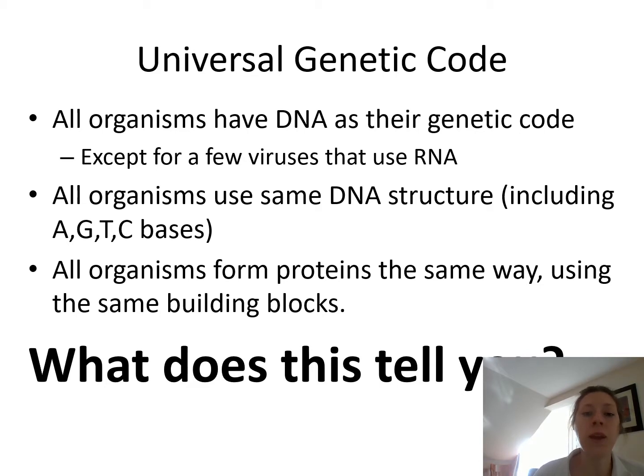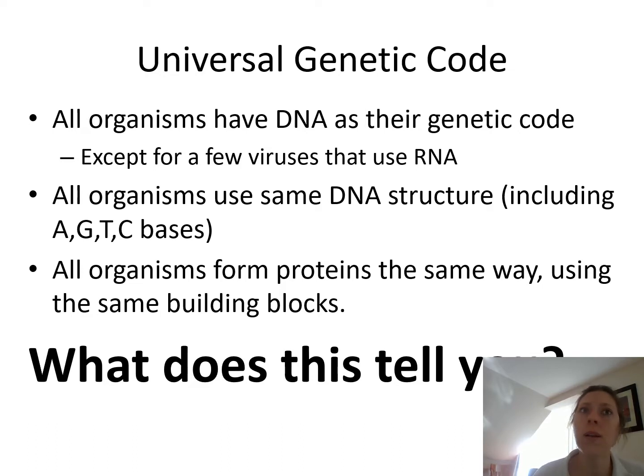One thing to consider is that this universal genetic code that we've been talking about is literally universal. All organisms, from the simplest bacteria to the most complex organism like us, use the same DNA structure, the same bases, forming proteins, and even some of these proteins are exactly the same or nearly identical.